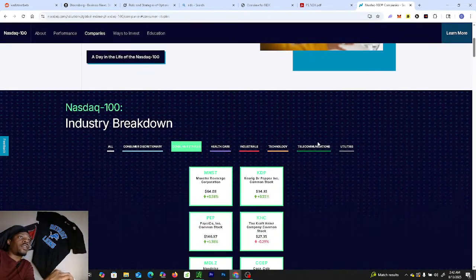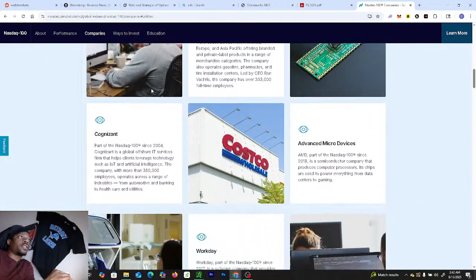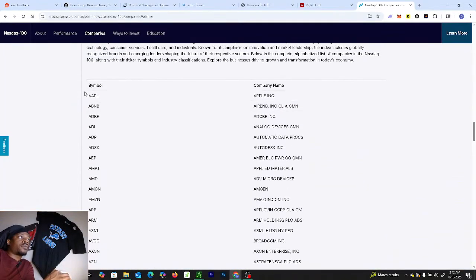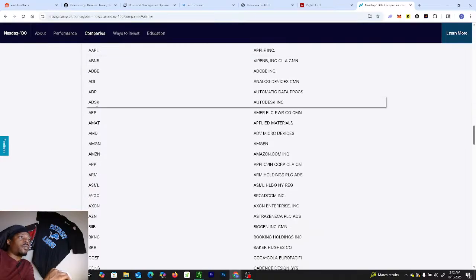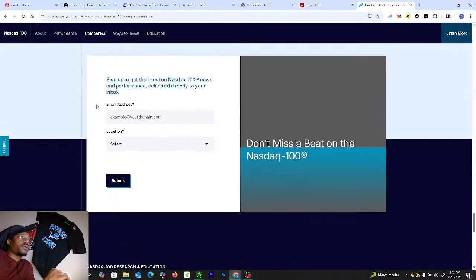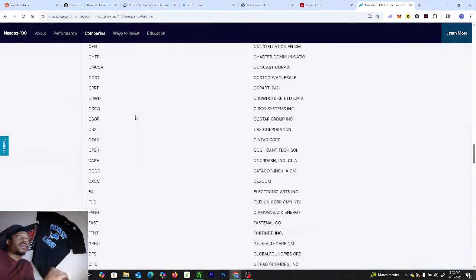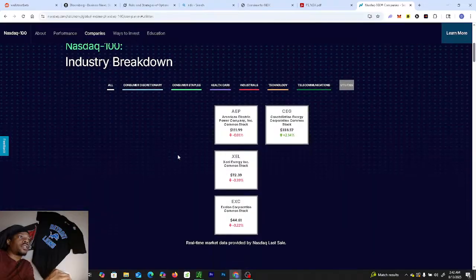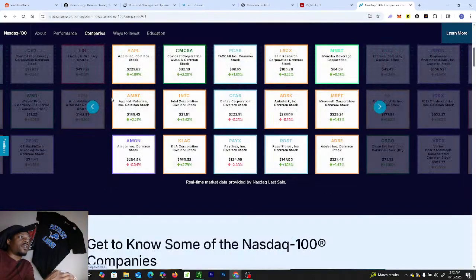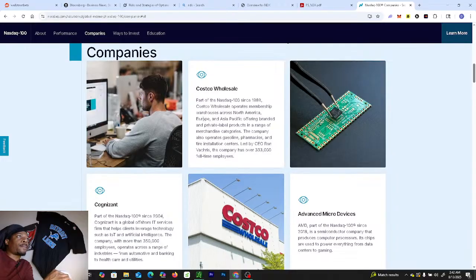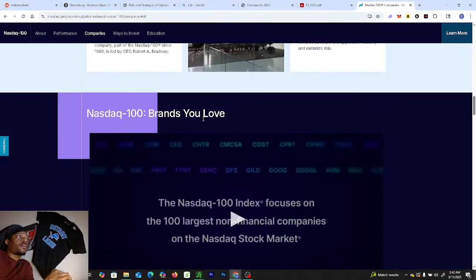So let's see if we can get that list organized. This is organized in alphabetical order, but I need this to be organized by most weighted. Let's click on all. They don't give it to me like that.